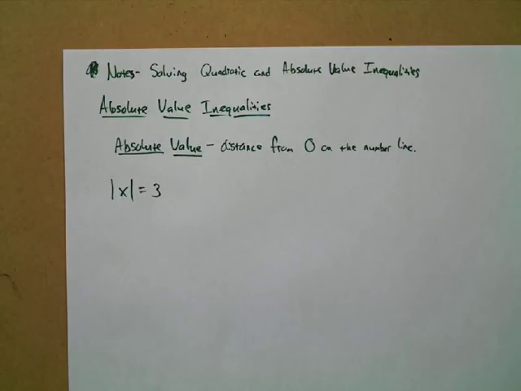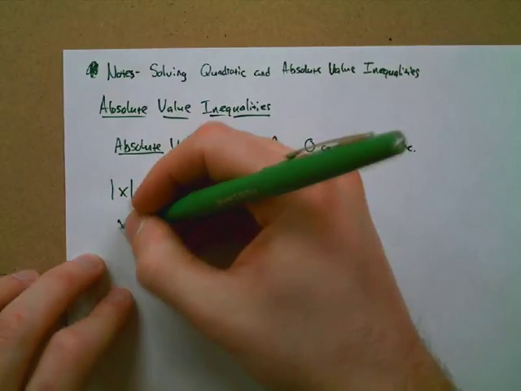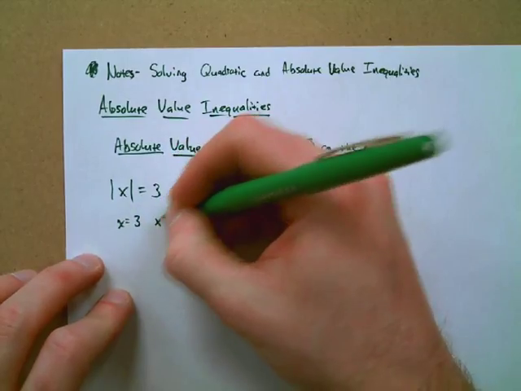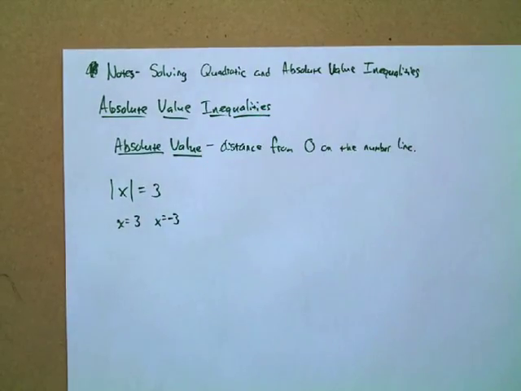If you think about your number line, what numbers are 3 units away from 0? 3 and negative 3, which is why when you solve an equation like that, you have x equals 3 as a solution and x equals negative 3 as well. Both work because they're both 3 units away from 0 on the number line.